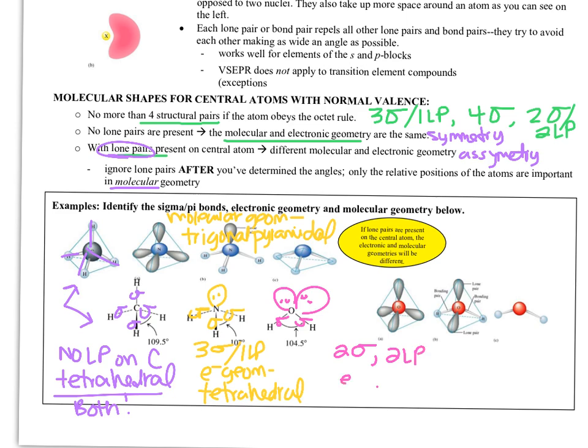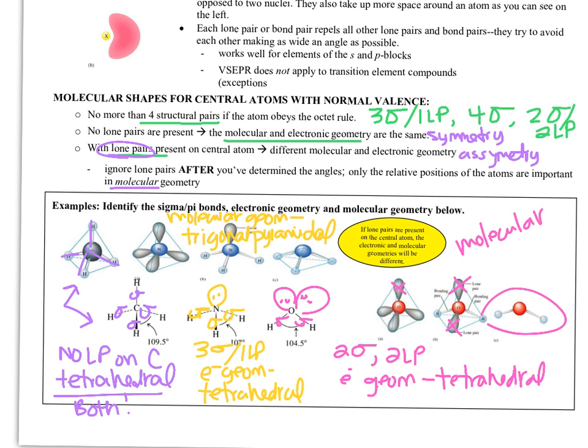So my electron geometry, because I have 4 things, is still going to be tetrahedral. But when I look at the molecular geometry, I'm ignoring those lone pairs that you see. So then we end up with a structure that looks just like this one over here on the right. So the molecular geometry for these with 2 atoms is bent.